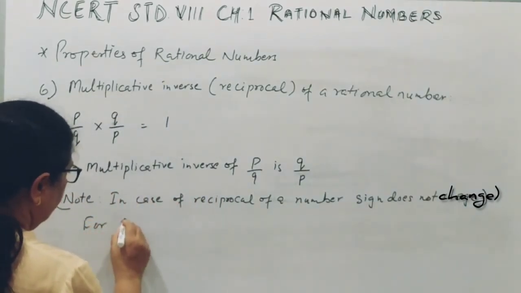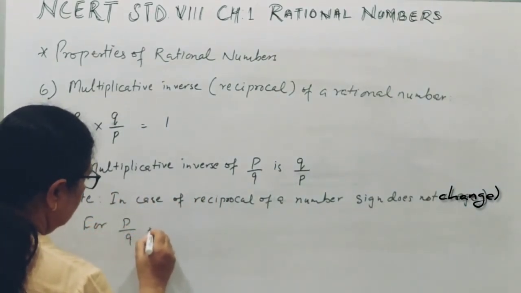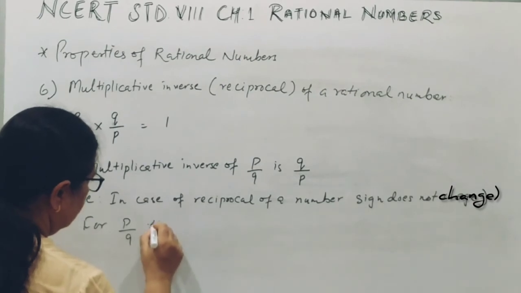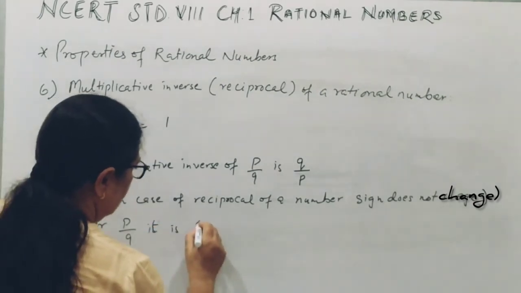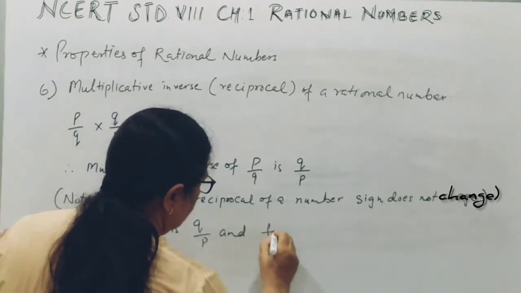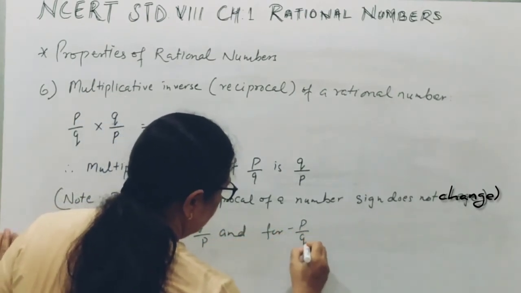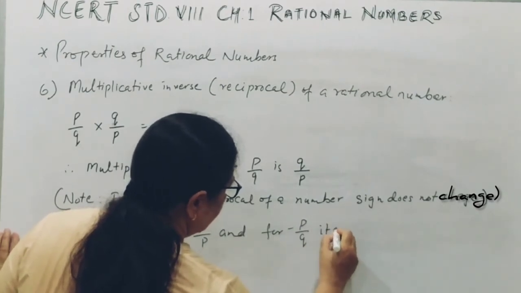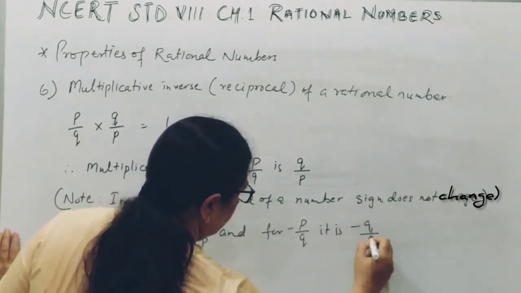For p upon q, it is q upon p, and for minus p upon q, it is minus q upon p.